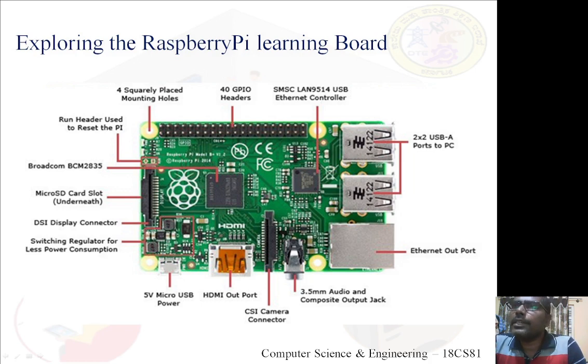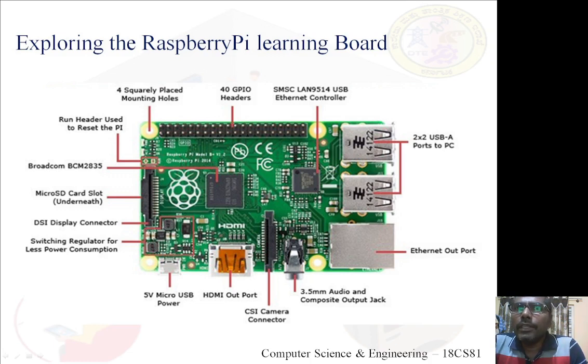At the right bottom you can see an Ethernet port. Through this we will connect to wired LAN. At the bottom left, the label 5 volt micro USB power. Through this 5 volt micro USB power, we are going to turn on Raspberry Pi.